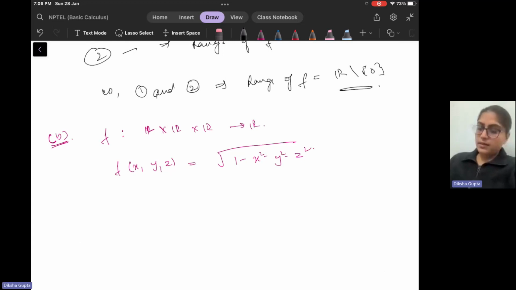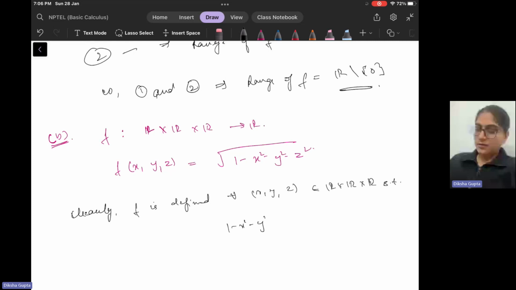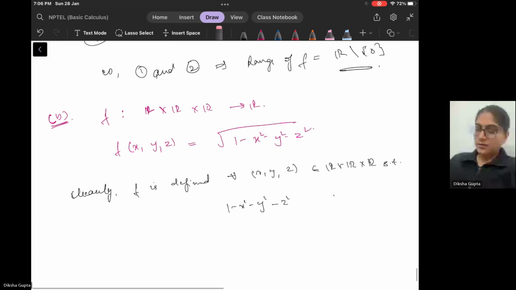So the domain is clearly, f is defined when the expression under the root is non-negative. So f is defined for all (x, y, z) belonging to R cross R cross R such that 1 minus x square minus y square minus z square is greater than or equal to 0, for the under root to be defined.